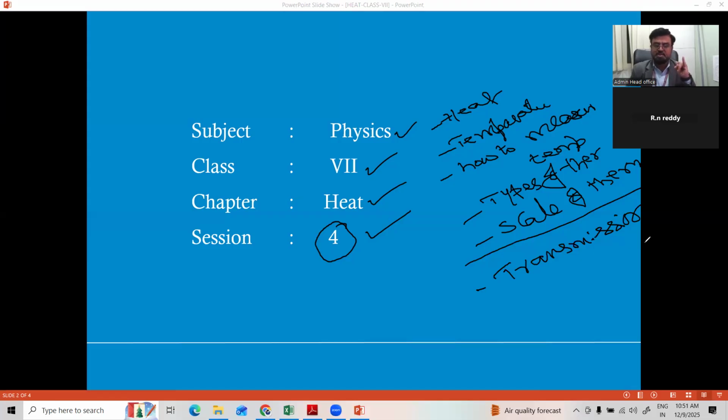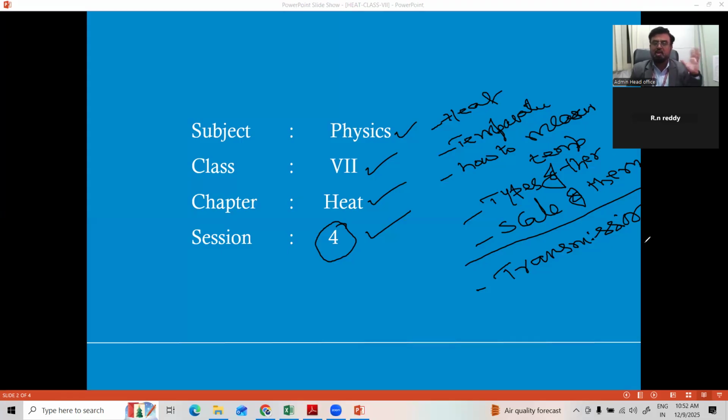One is conduction, which takes place by actual movement of particles. The second one, convection, which generally takes place in liquids and gases with actual movement of particles. And the third and most important one is radiation, which doesn't require any medium.